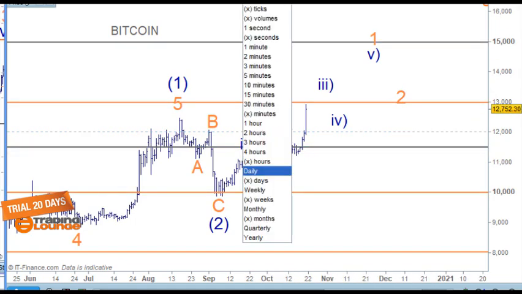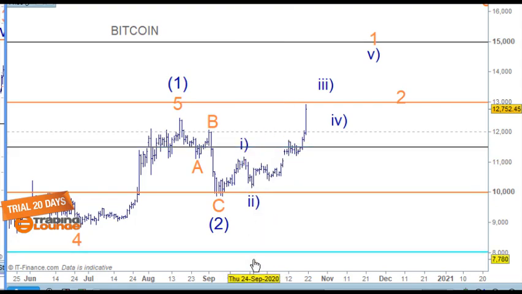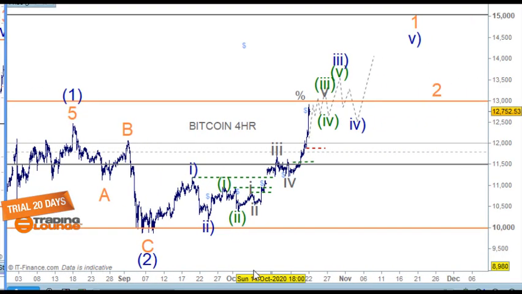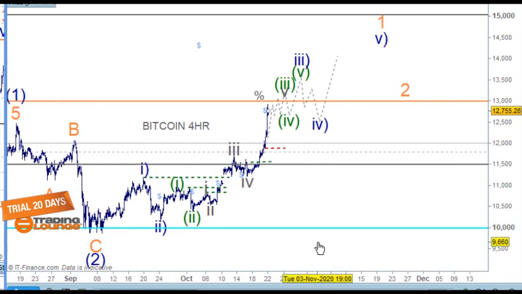Let's go in further and pick it up on the intraday on the 4-hour chart. So we need to squash it up a little bit here. So we've got our wave 1 here and wave 2 of intermediate degree and a minor ABC pattern here. And then we're going from intermediate wave 2, we're going to go up to minor wave 1 and then minor wave 2.